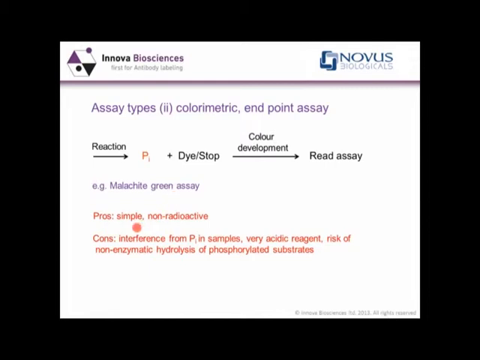Pros are that it's simple and non-radioactive. Cons, you can get interference from phosphate in your samples. Malachite reagents are also very acidic, so there's a risk of non-enzymatic hydrolysis of phosphorylated substrates, which will give you high backgrounds in your assay. Most of those problems have now been solved, and I'll say more of that in the rest of the presentation.